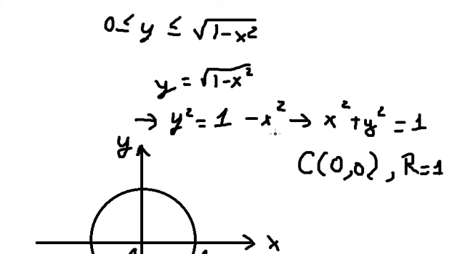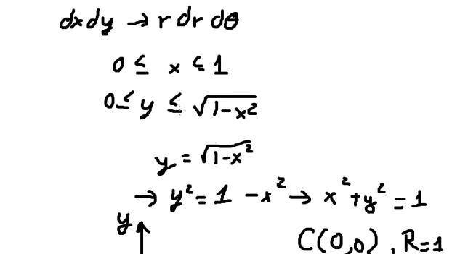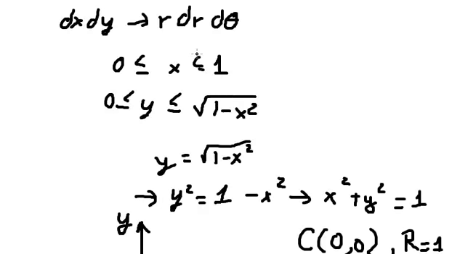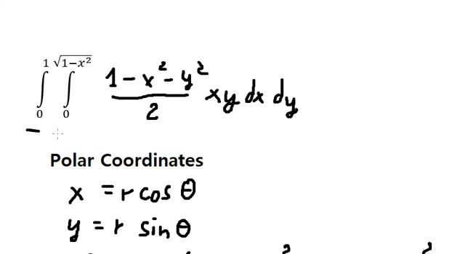And we know that y is smaller than or equal to this one, so that is this one in here. However, we just start from 0 to 1. So the region we need to concentrate on is this one. So we can change this double integral in here.